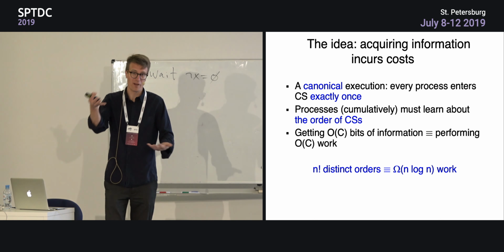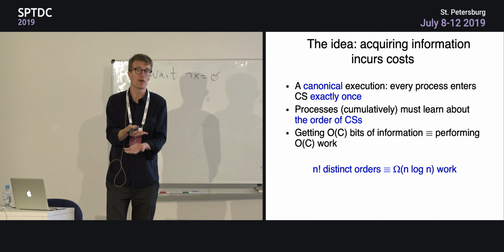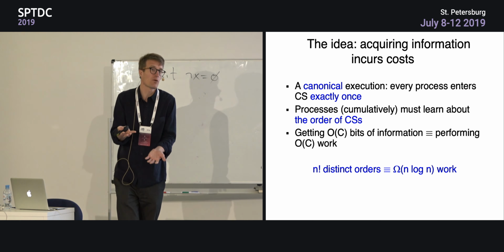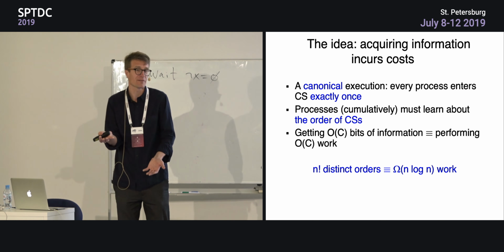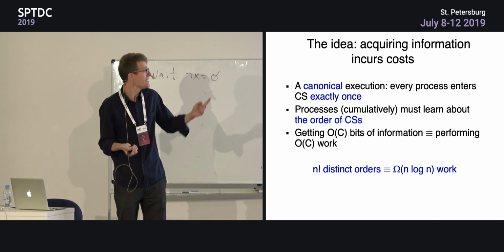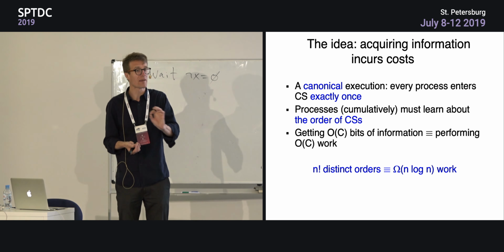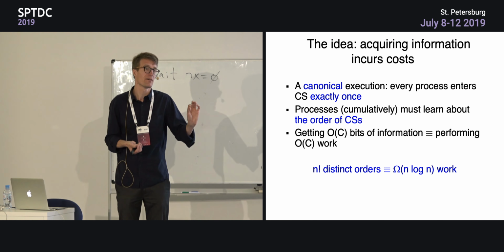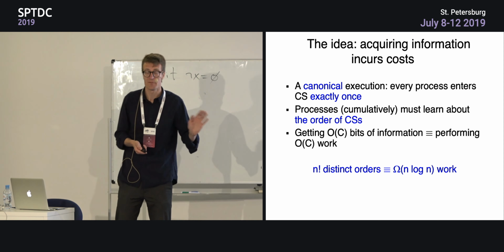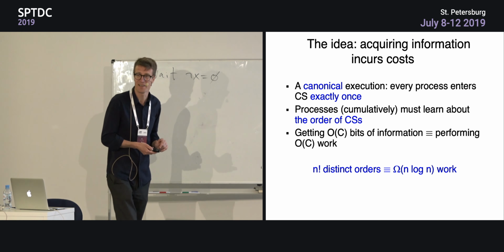And by taking all these executions together, what I get is a code book, a set of codes for different executions. Since you have at least n factorial such executions, the code book should involve at least one string of length n log n. Okay? And this is it. Well, not yet, but this is the idea.